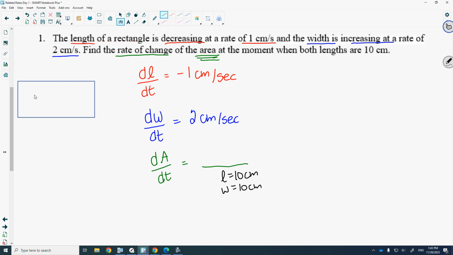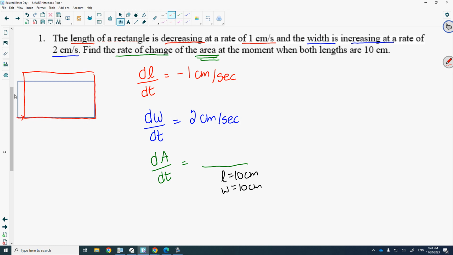Okay, so here's what's happening. We have a rectangle and the length is getting shorter, and the width is increasing. It says the length is decreasing at a rate of 1 centimeter per second. So my new length might be this distance, but the width is actually getting a bit bigger. So this would represent a rectangle where the length has decreased and the width has increased.